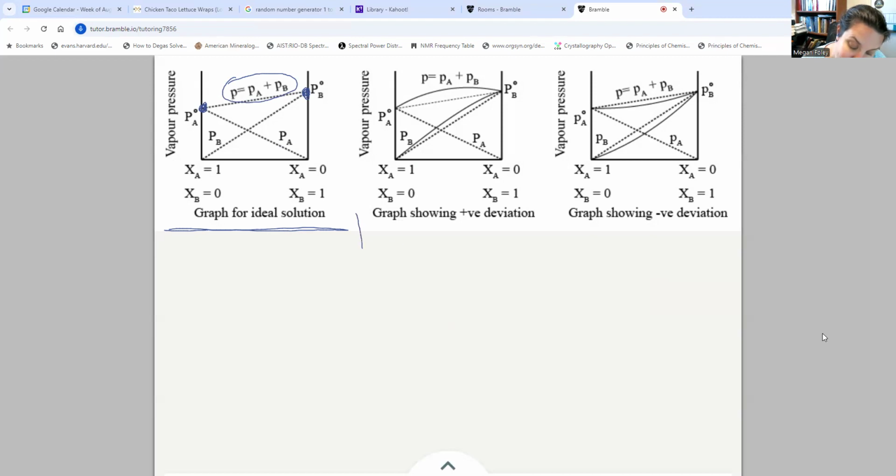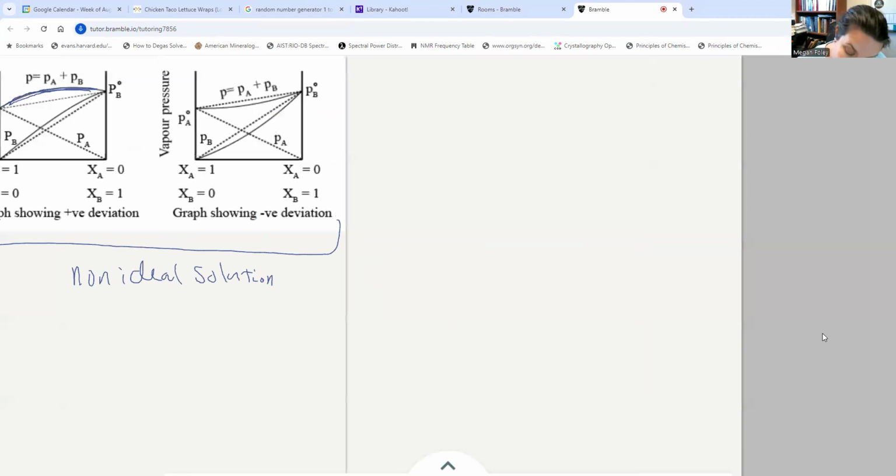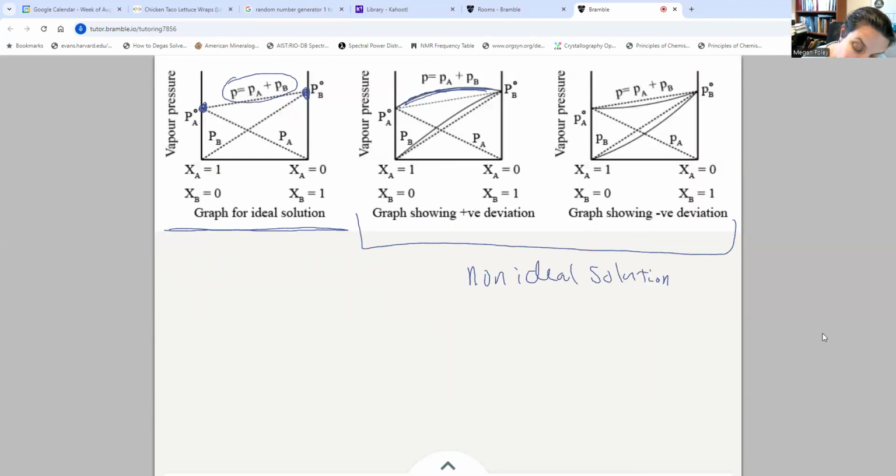So our non-ideal solutions will either have positive or negative deviations. A positive deviation means that we have a higher vapor pressure than expected. And a negative deviation means we have a lower than expected vapor pressure.